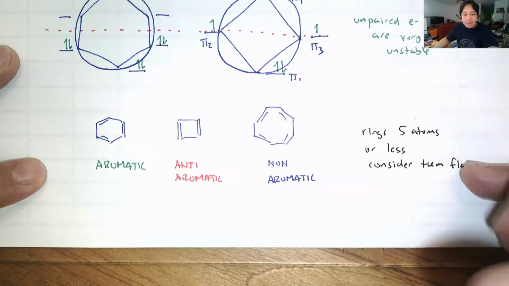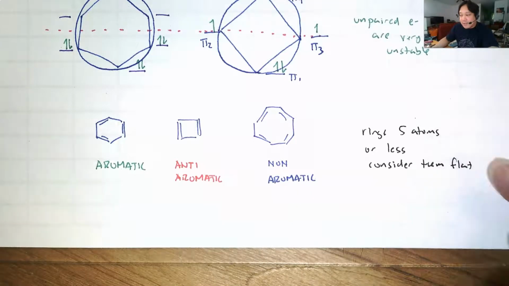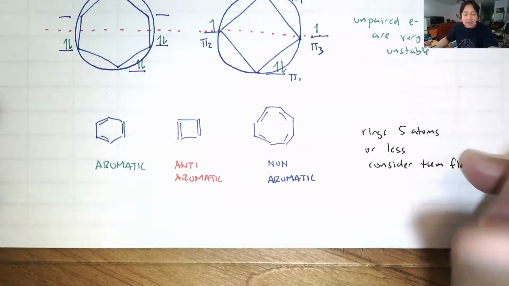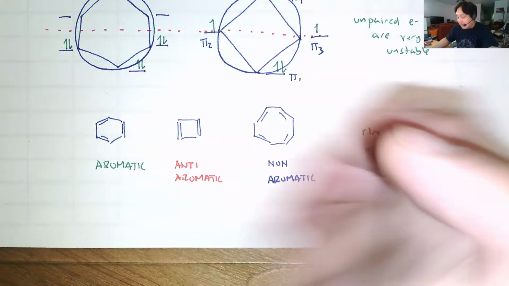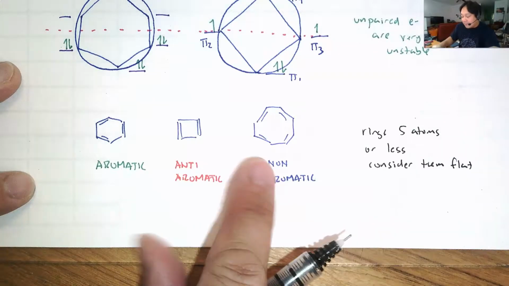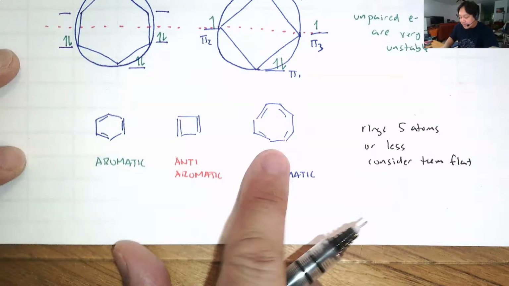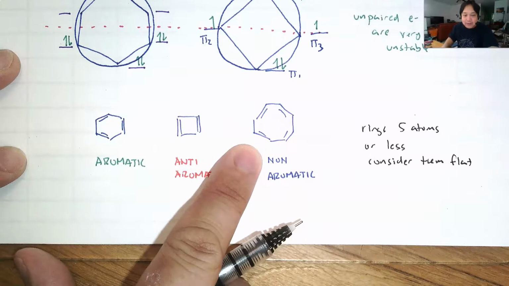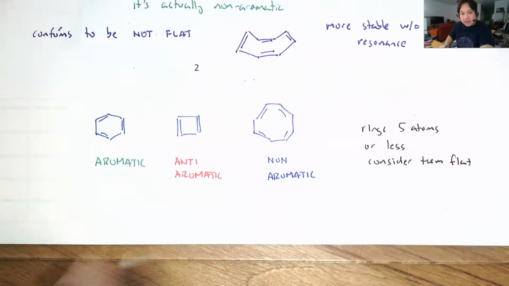So this is a great rule because it seems like you should not have any anti-aromatic molecules that are bigger than 5 atoms. Because if that's the case, they could become non-flat by just puckering, just like the 8-membered ring did here.